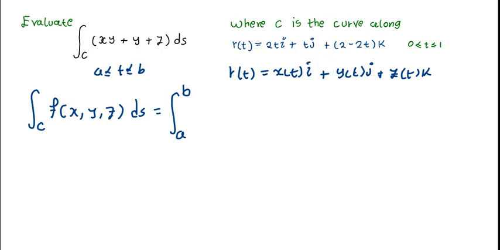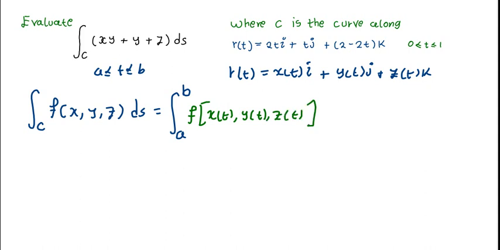Okay, so what are we supposed to have here? Here you're going to substitute with f of x of t, comma, y of t, then z of t, like that.